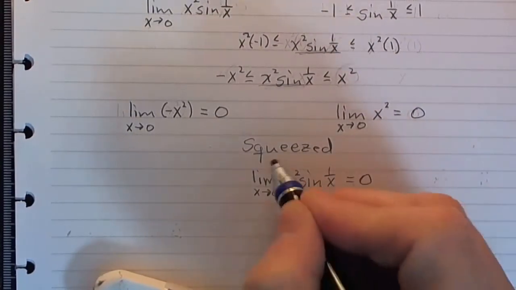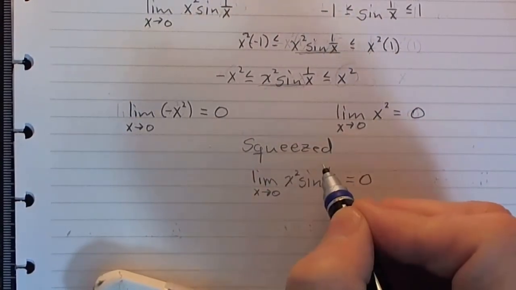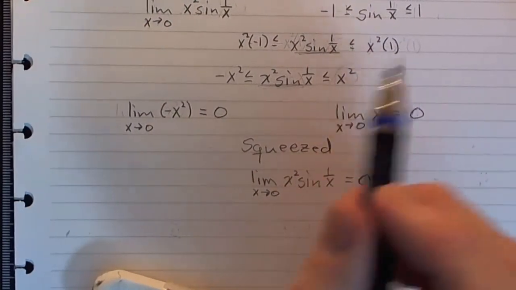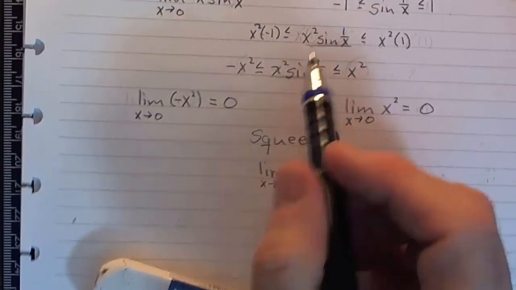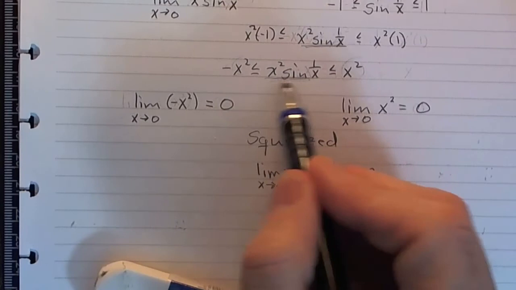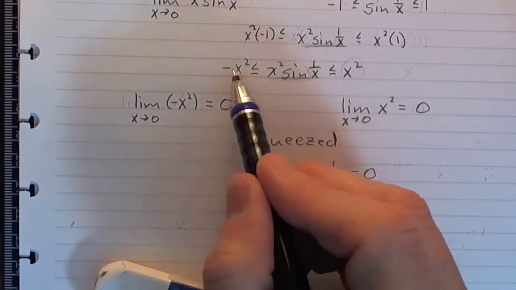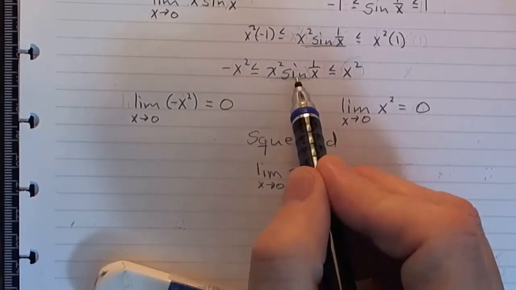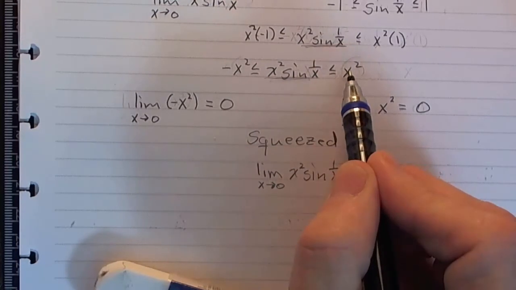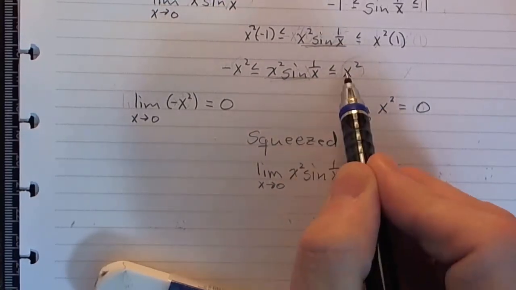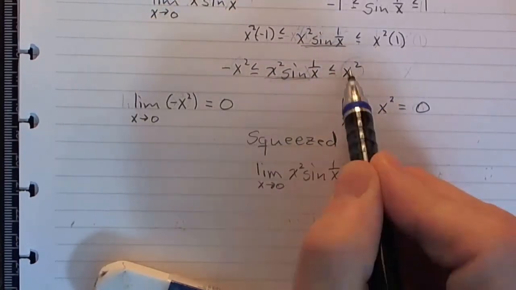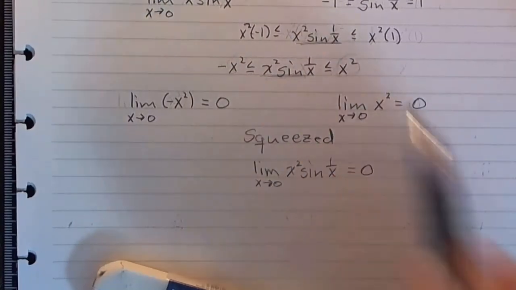So this is an example of the squeeze theorem, where we found a function that's always less than or equal to the inside here, and another function that's always greater than or equal to it, and these two functions have the same limit.